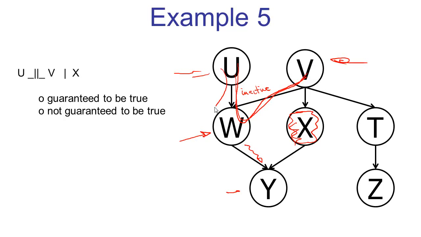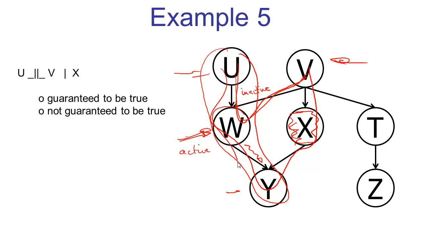Let's look at the second path here. It has several triples along the way. There's the UWY triple. That's a causal chain. Middle node unobserved. That means this triple is active. The next triple is WYX. The middle node, Y, is unobserved. Let's look at its descendants.